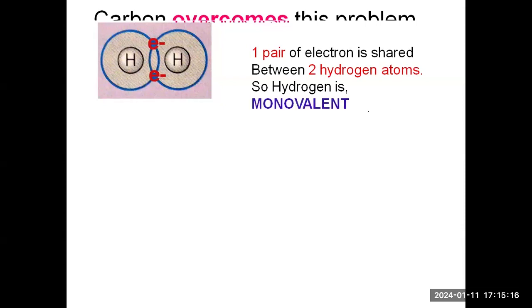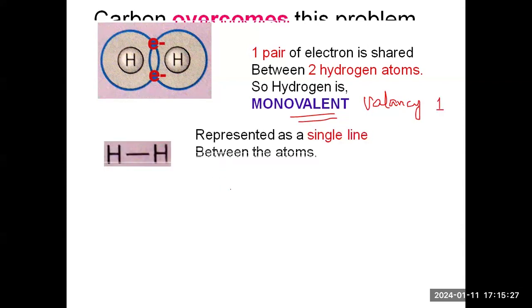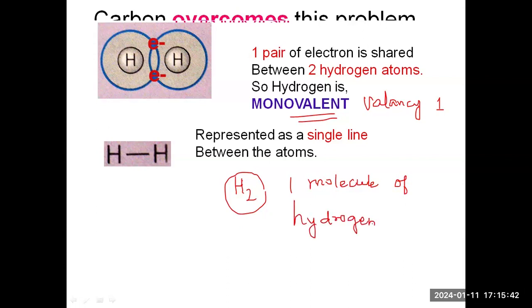And hydrogen is monovalent because it has valency 1. But if you see the molecule of hydrogen, it has 2 atoms. One molecule of hydrogen has 2 atoms in it, so we call this molecule diatomic.